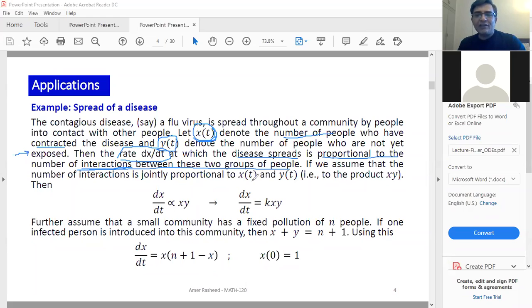If X is the number of people who have already contracted the disease and Y is the number of people not yet exposed, then their interactions could be the product XY.